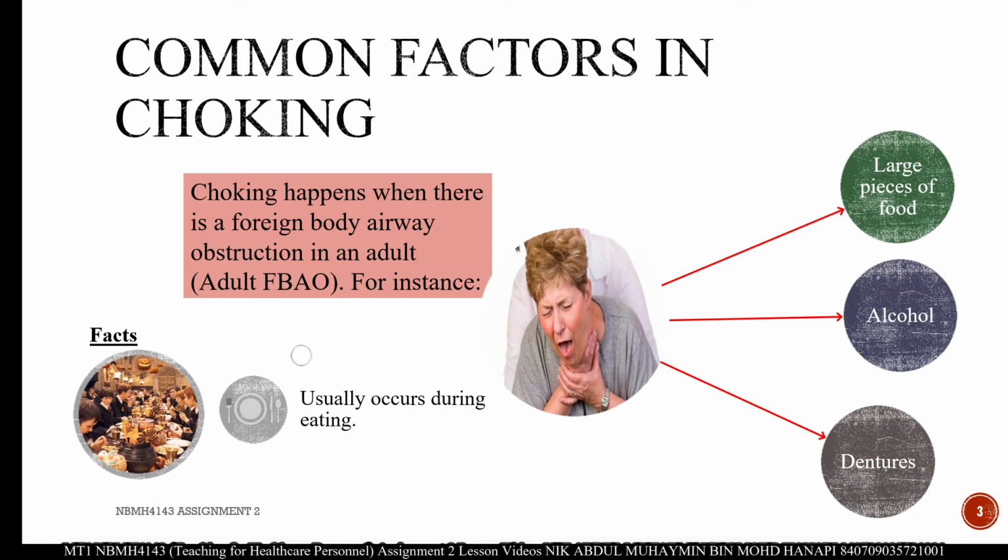It is essential for the rescuer to take note of the common factors in choking. Choking happens when there is a foreign body in a victim's airway. These foreign bodies block air from outside from entering the victim's respiratory tract.